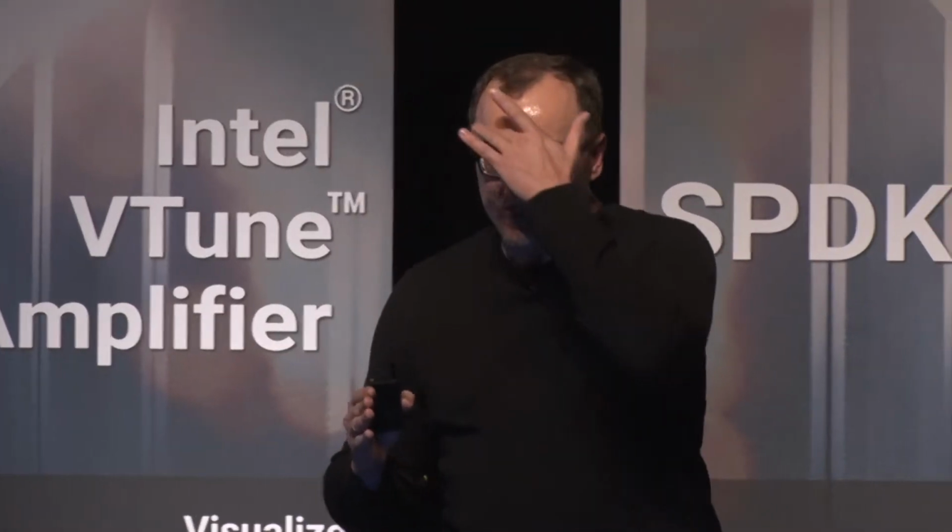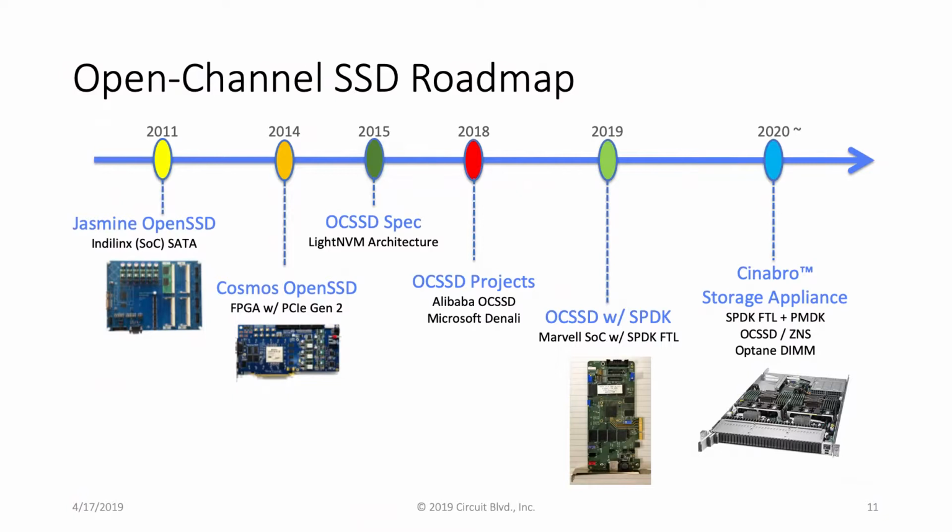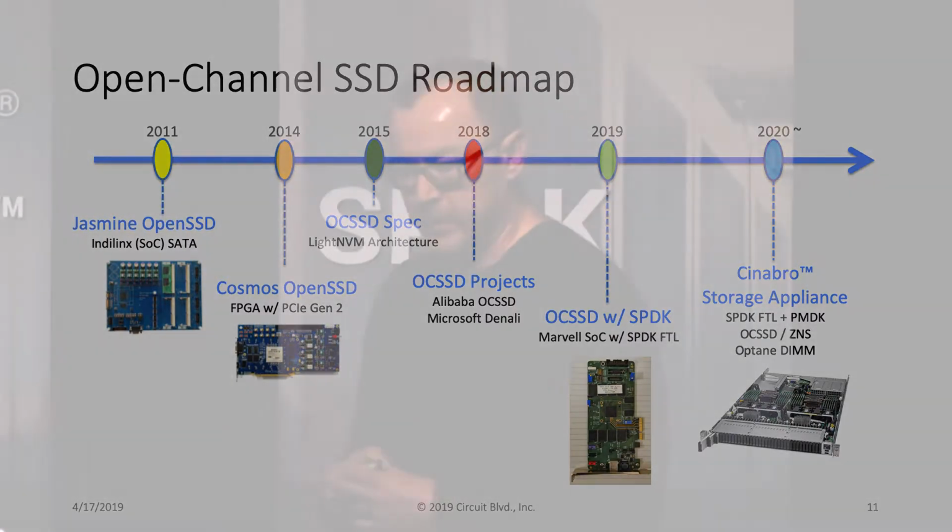Intelex was a company that got acquired, so when they started working on the open channel, they moved to the Cosmos platform so that they could actually program the FPGA and get better results for the open channel. And then that eventually moved to the specification to be released in 2015. As the open channel became available to the public, in 2018 there were two major companies that committed to developing a project.